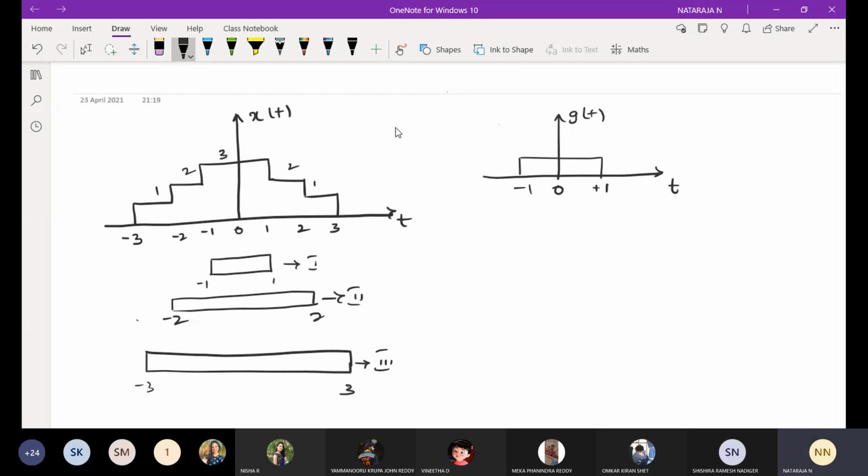How many are saying g of at and how many are saying g of at plus b? Only g of at, for all the cases? Yes.